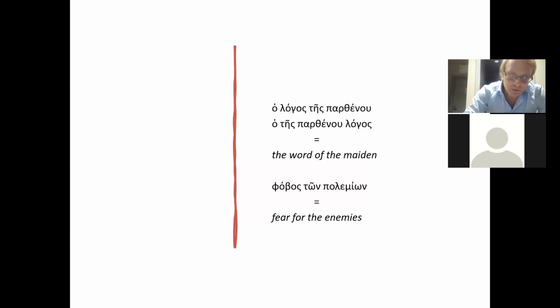Anyway, what we are able to do now is to combine two different nouns with definite articles to form a simple phrase. For instance, we can say ho logos tes parthenu, or as these kinds of phrases are more commonly expressed in Greek, ho tes parthenu logos, the word of the maiden.